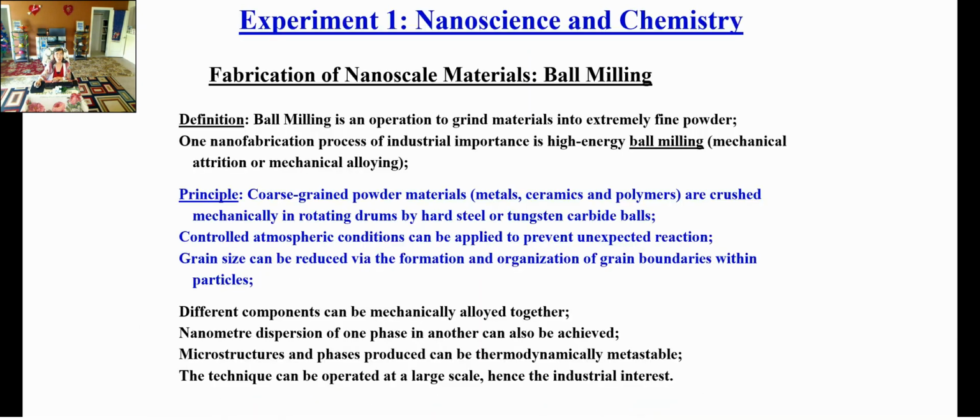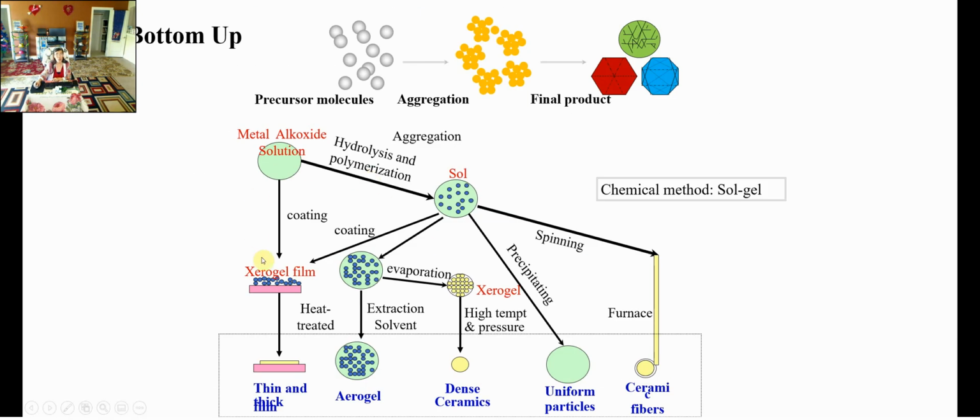So I will choose this sol-gel method to show you the different applications and different types of materials you can produce. The sol-gel method is a chemical synthesis. You start from metal alkoxide, go through hydrolysis and polymerization to produce a sol.